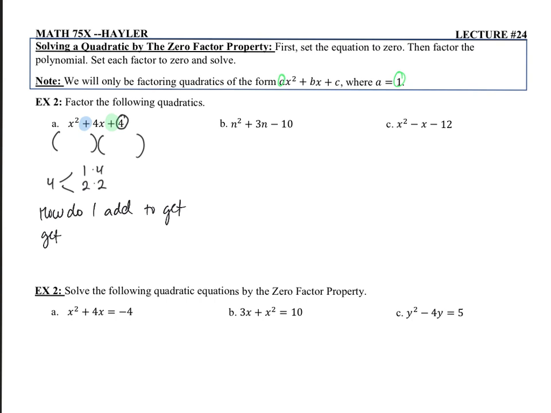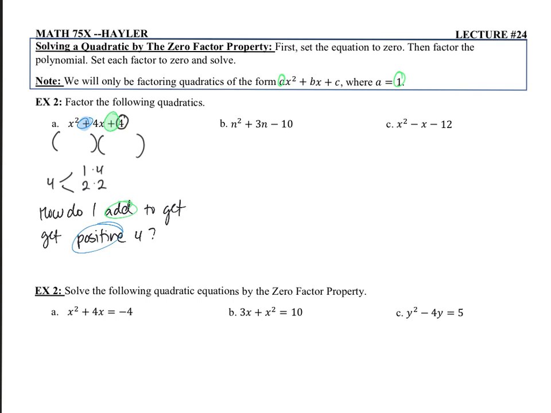Sorry, not how do I add to get factors of 4. How do I add to get positive 4? I got the add from the addition value right there, and I got the word positive from right here. If this had been a negative, I would have said negative 4. But it's positive.